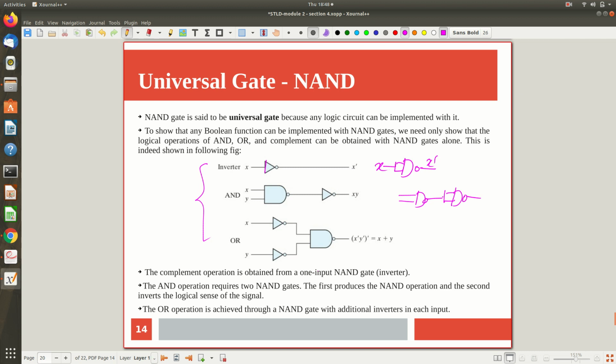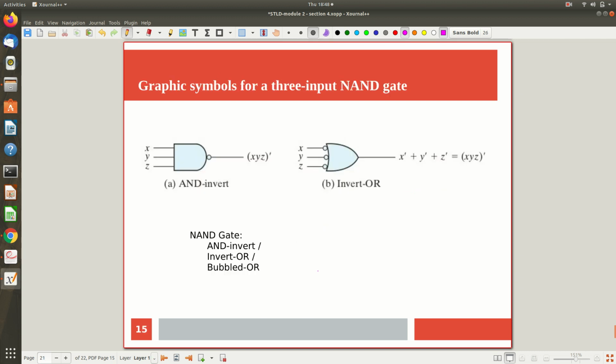So that is about it. Similarly the NOR gate implementation. The 2 input NAND gate is what we have seen already, but here this is the 3 input NAND gate. Similarly, an n input NAND gate you can think of, and you can see that this 3 input NAND gate or n input NAND gate is equivalent to something like a bubbled OR gate.